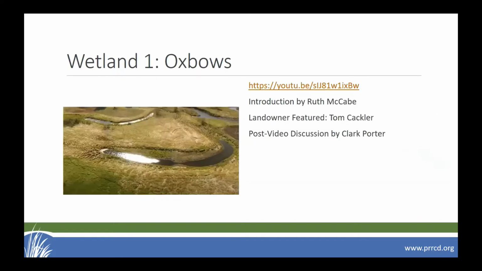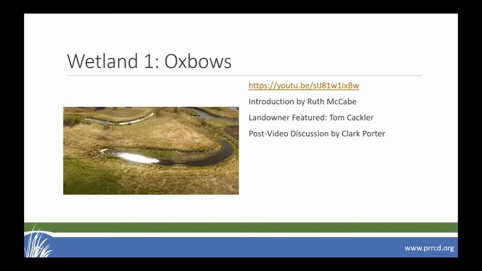So we're going to go ahead and get into our discussion of the first wetland type. This is the oxbow wetland. Again, these are wetlands that have been formed by being cut off from the main stream channel as a river is meandering. So we will go ahead and look at this wetland type here locally.